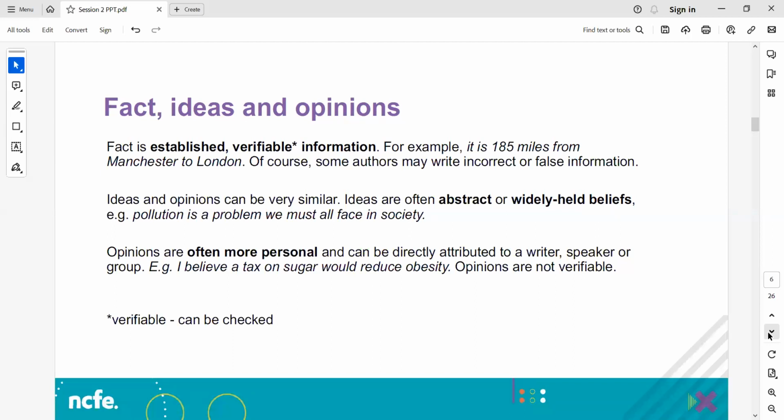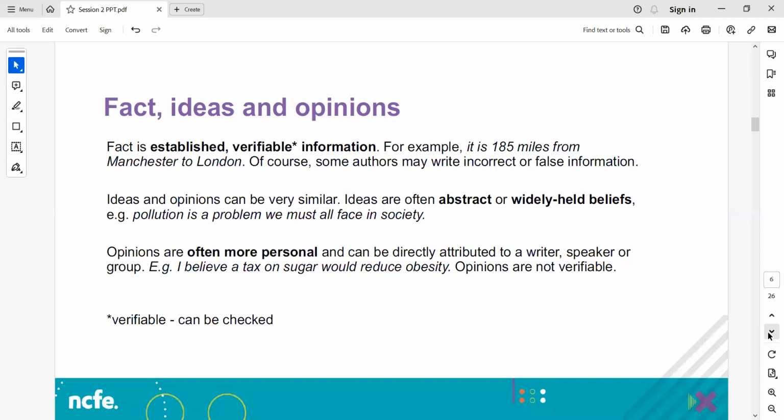Ideas and opinions can be very similar. So ideas are often abstract, widely held beliefs, such as the example here, pollution is a problem we must all face in society. Opinions are more personal, so I believe, I know that this happens because I live in this area.